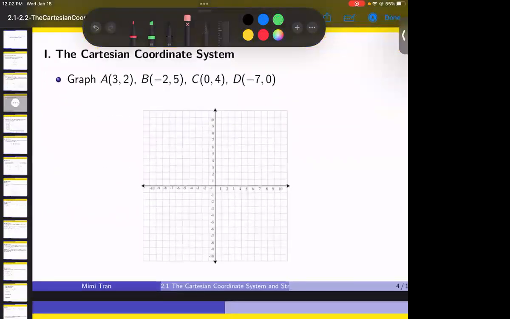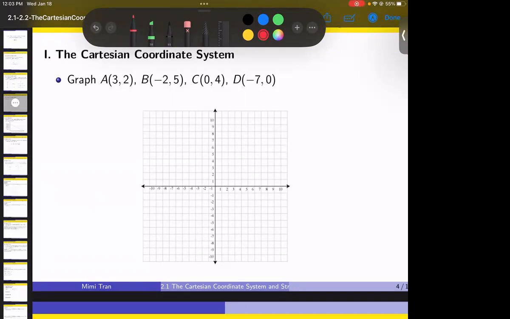Right, let's take a moment and plot these points. It's pretty easy, right? Let's take a moment and plot that on your own. So the point A, (3, 2), is both positive, so it's gonna be in the first quadrant.